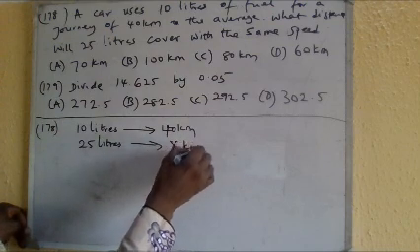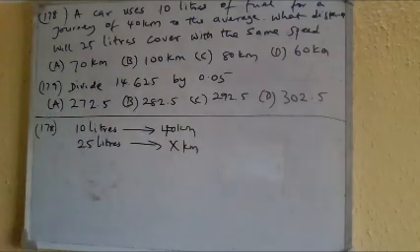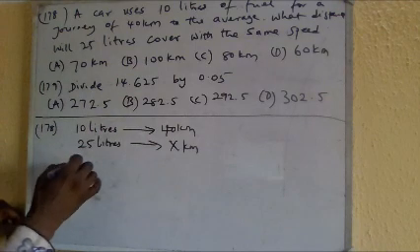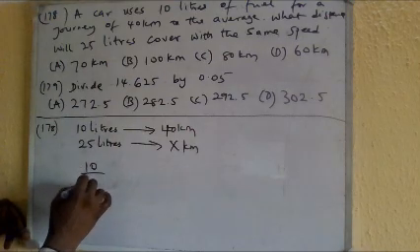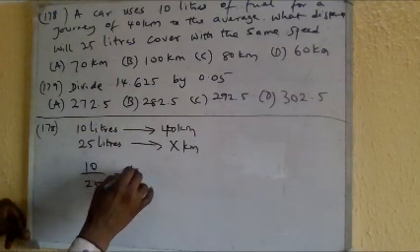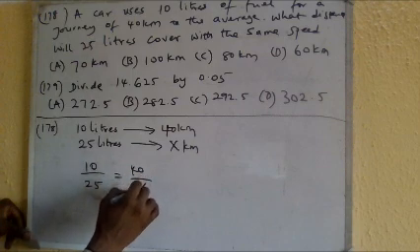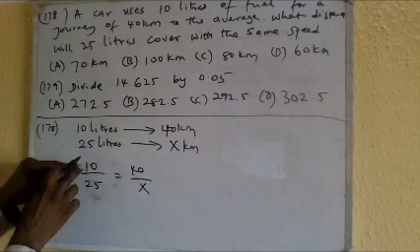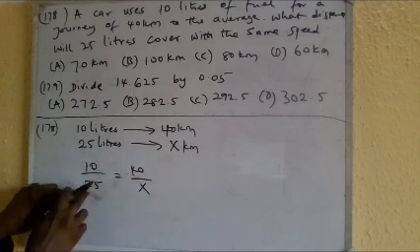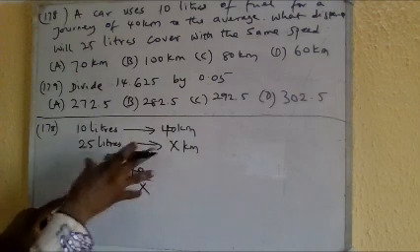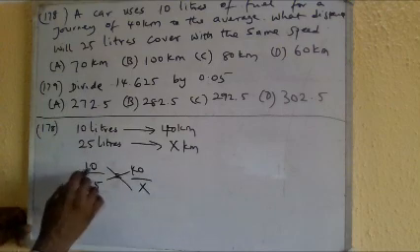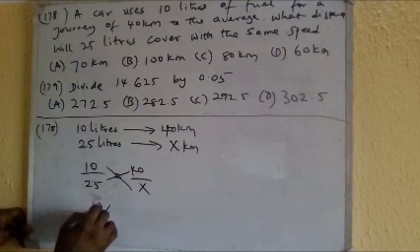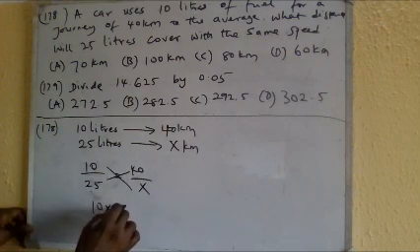So this one has to do with proportionality, where we say 10 liters over 25 liters is equal to 40 kilometers over x kilometers. So if 10 does 40 kilometers, how much will 25 do? That's what it is. So at this point, it's just cross multiply. So 10 times x is 10x equals 25 times 40.